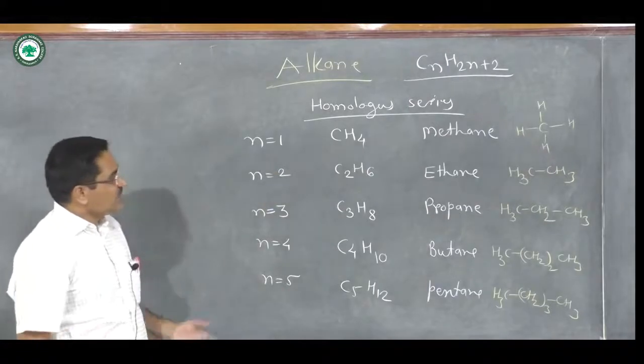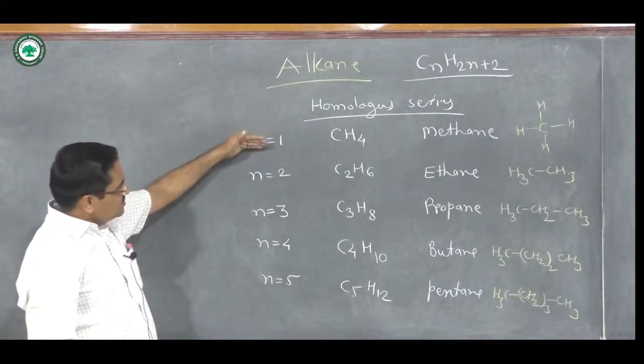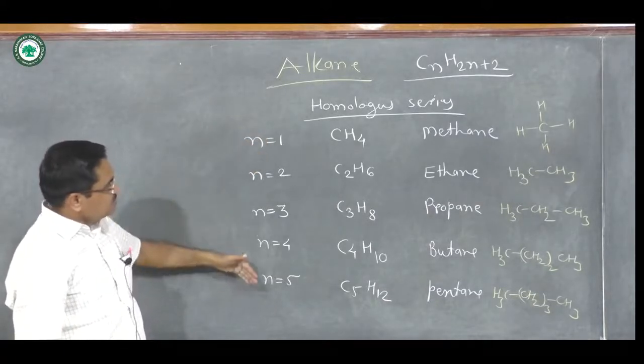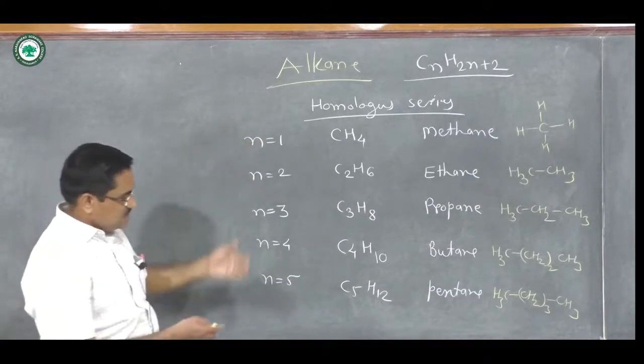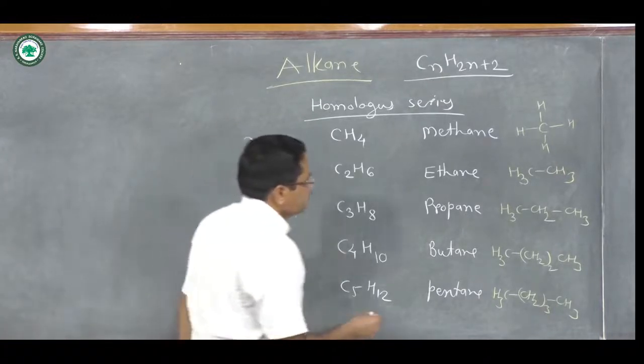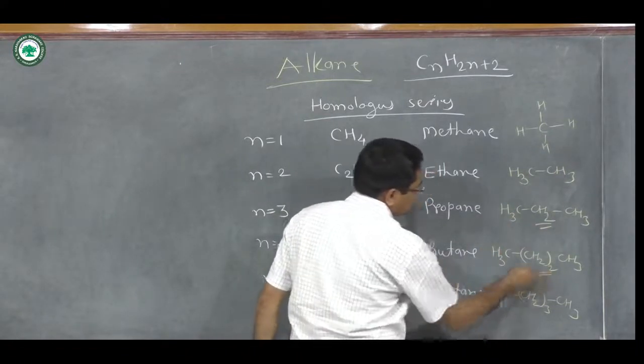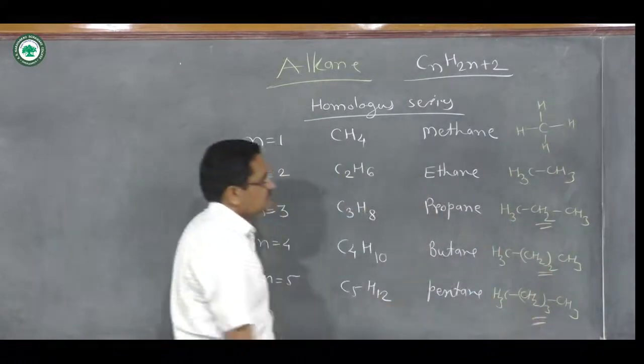Now what do you mean by homologous series? When we add each time one carbon atom, here the CH2 is added. There are 2 CH2s added and there are 3 CH3s added.